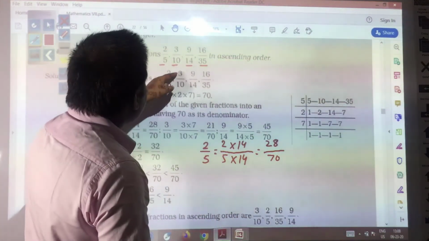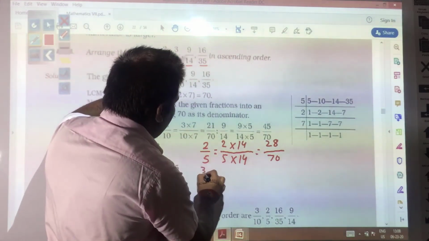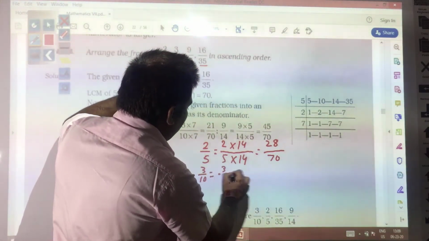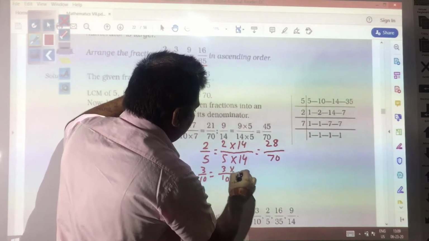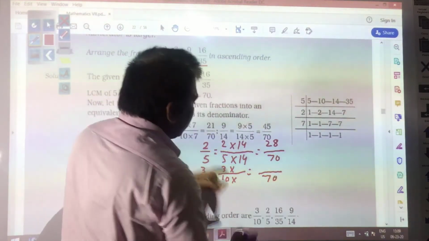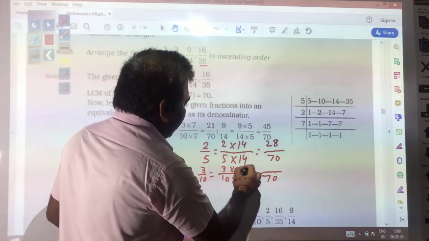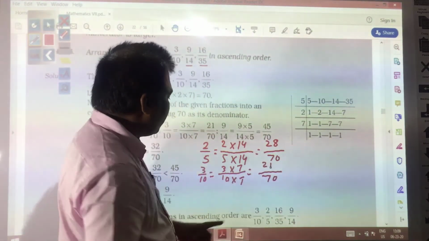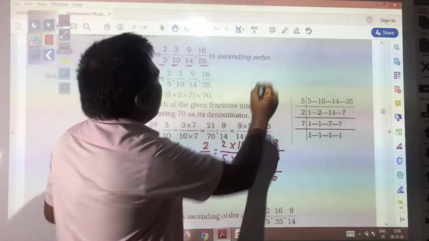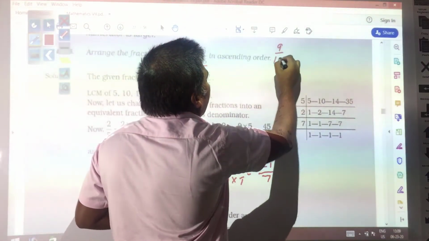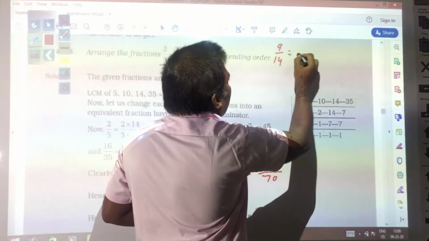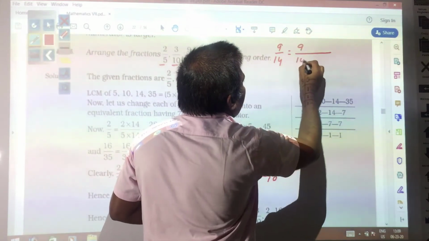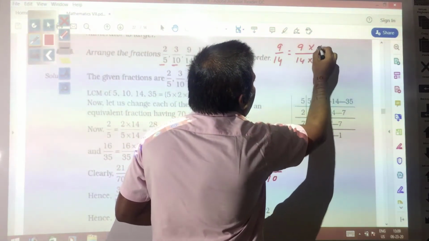In the same way, the second number you have is 3 by 10. Again you see which number should be multiplied so that you will get 70 as denominator. This is 7, and 7 times 3 is 21 by 70. Next number you have is 9 by 14. Here you see what number is required to be multiplied: 5.